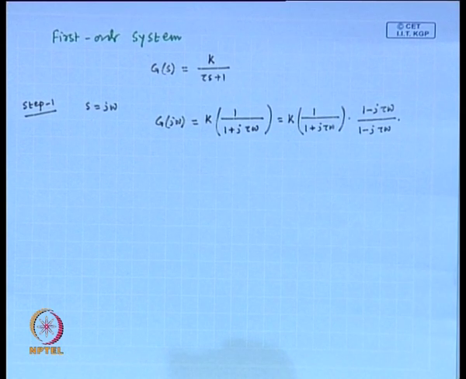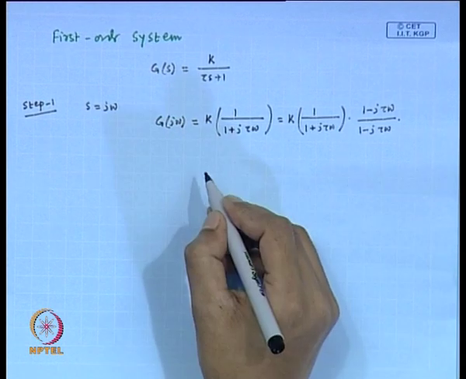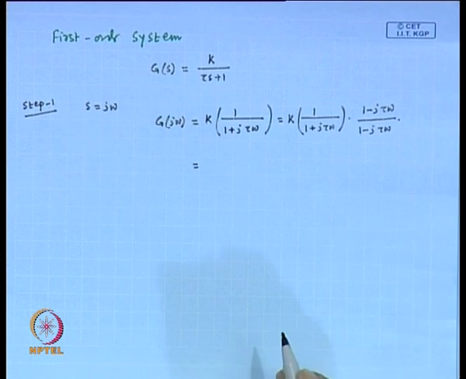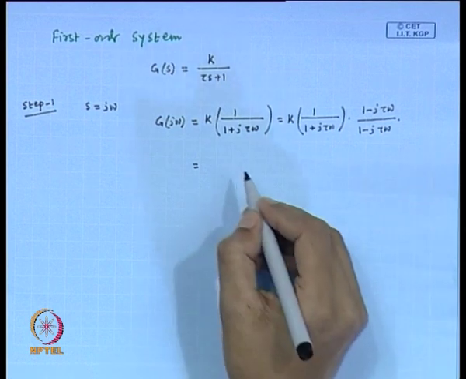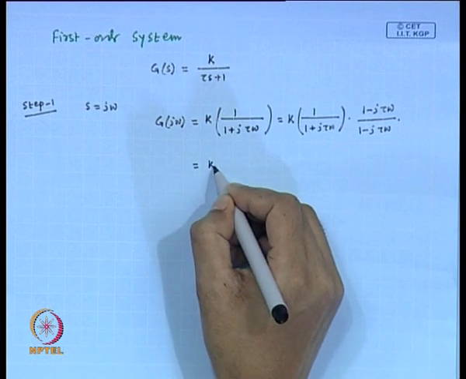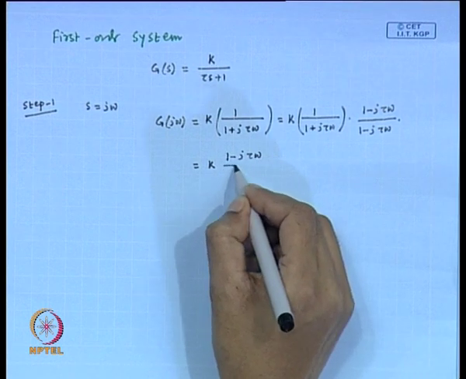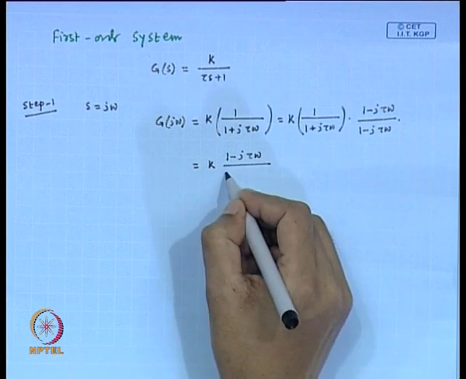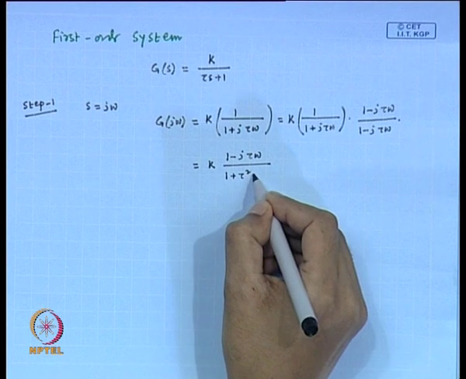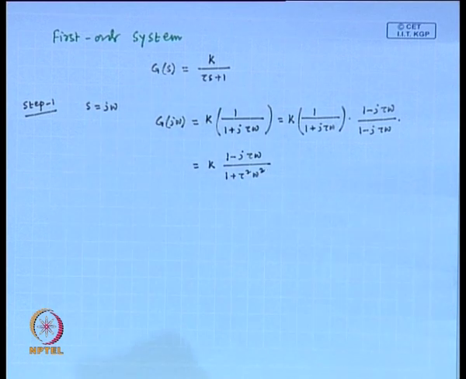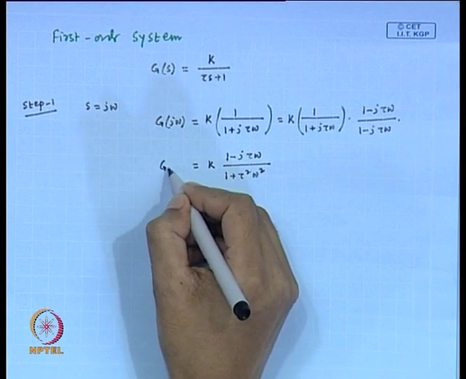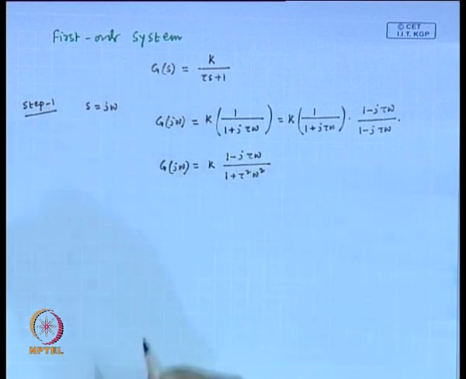So, this is equal to K times (1 minus j tau omega) divided by 1 plus tau square omega square. After substituting s equals j omega, we obtain this form.